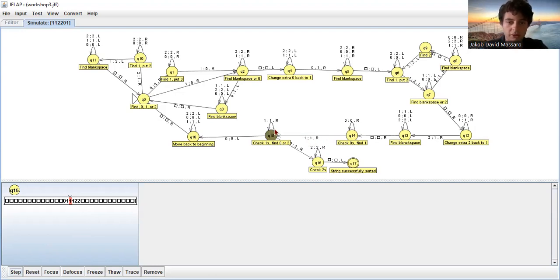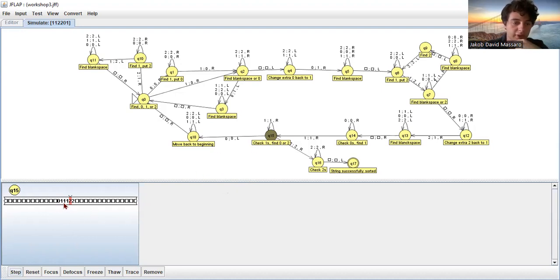Now we want to check our 1s to make sure that all the 1s are sorted correctly and there's no 2s intermingled in there. Because if there was, then we would have to keep sorting the string. But as we see, there is nothing intermixed in here. Oh, I'm sorry, my bad.